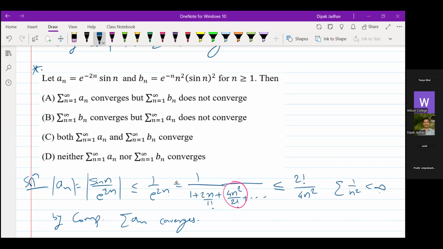Can you think along the same line for bn? Let me write this: bn equals n square sine n whole square upon e raised to n. The absolute value of this is less than or equal to n square upon e raised to n. So this will be less than or equal to what?